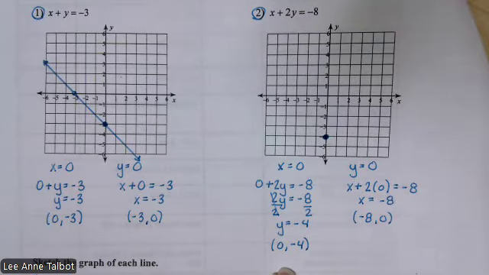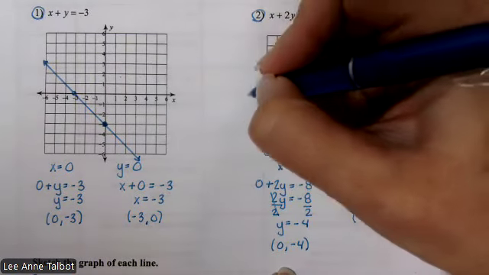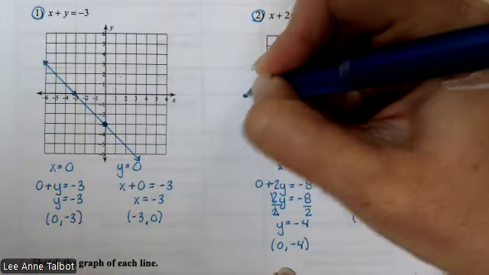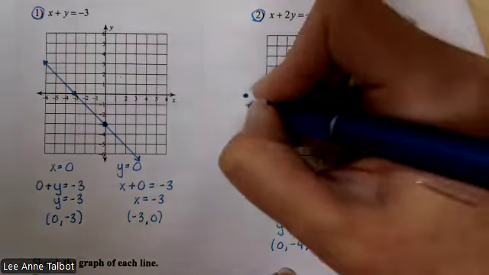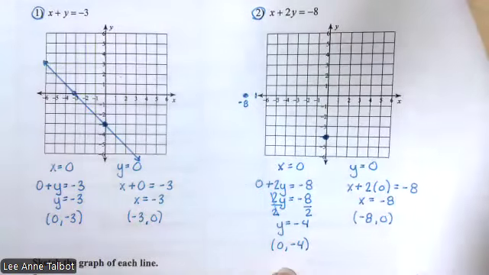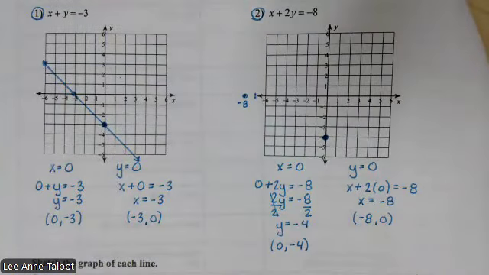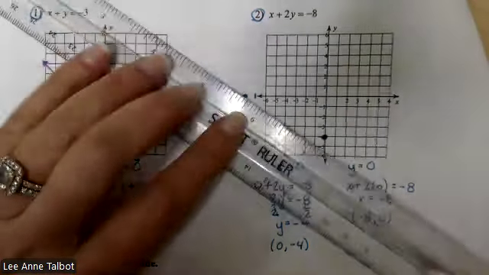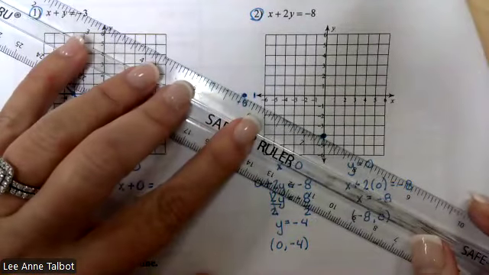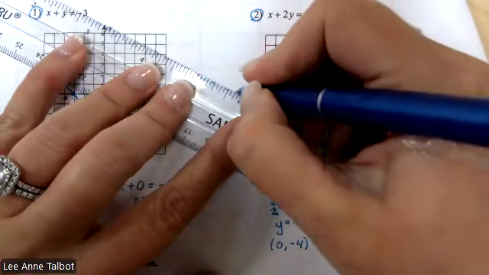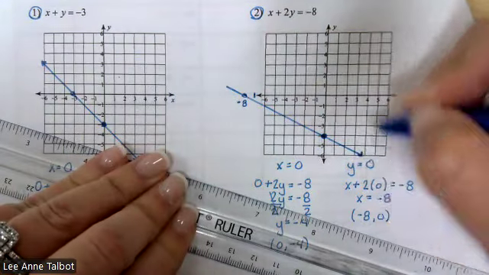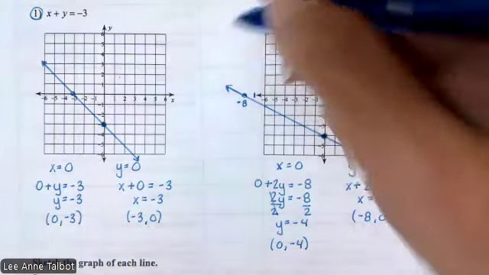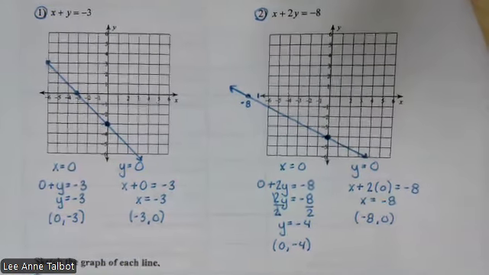Okay, this is annoying. (-8, 0). Gonna be right there. That's okay.